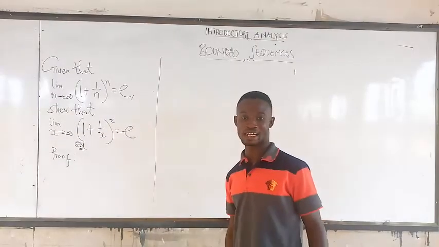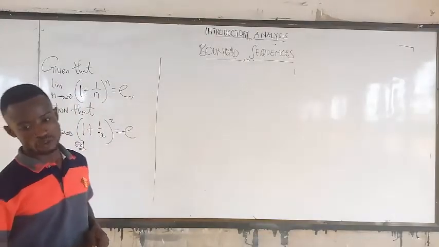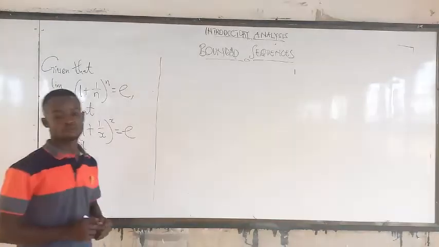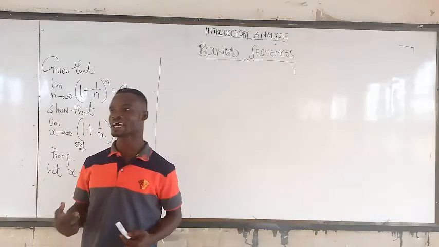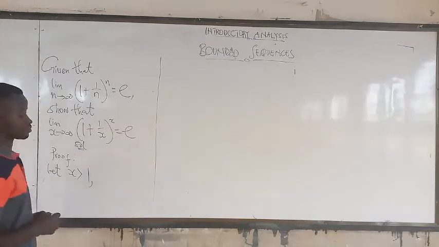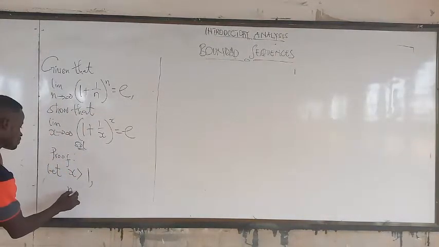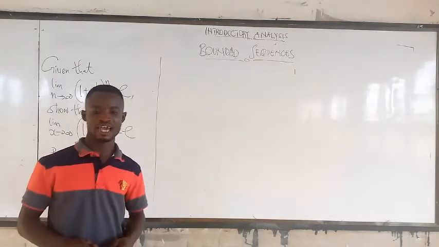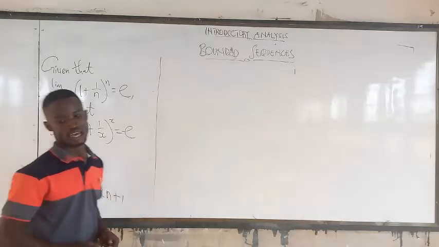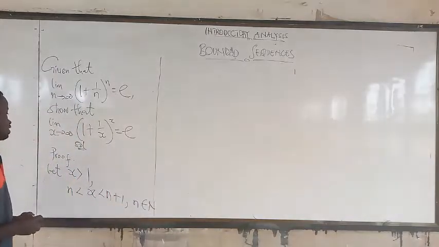So we are going to do analysis, and the analysis that we are going to use to prove this is that here we state that if we let x be greater than 1, then we also state that n is less than x, and x is also less than n plus 1, for all n belonging to the natural numbers.